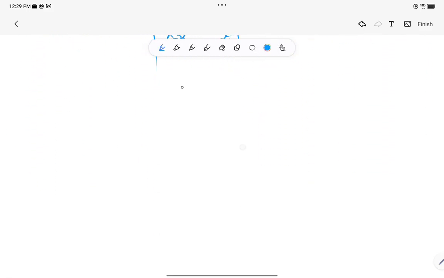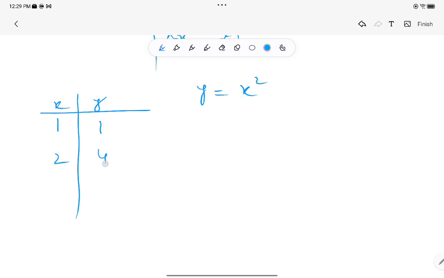But just have a look at this now. y is equal to x squared. Look at this, and then you have x and y. Suppose first x is equal to 1, 1 squared, that is 1. y is 1. If you now let x equal to 2, y is 2 squared, which is 4. If you now let x equal to 3, y is 3 squared, that is 9.